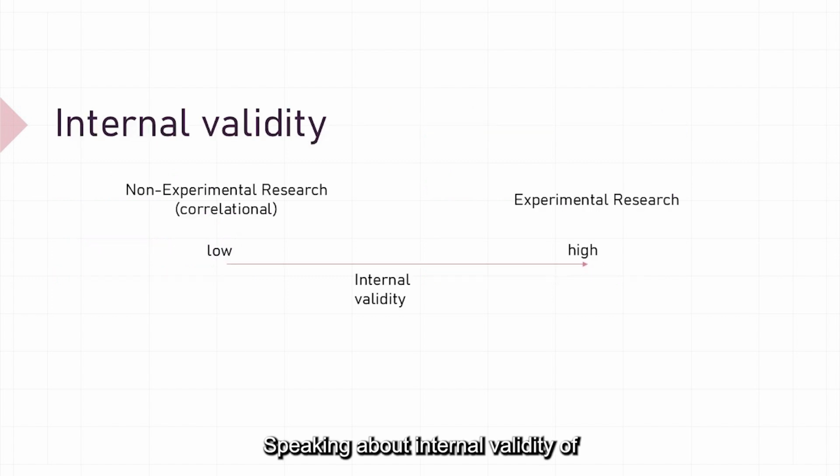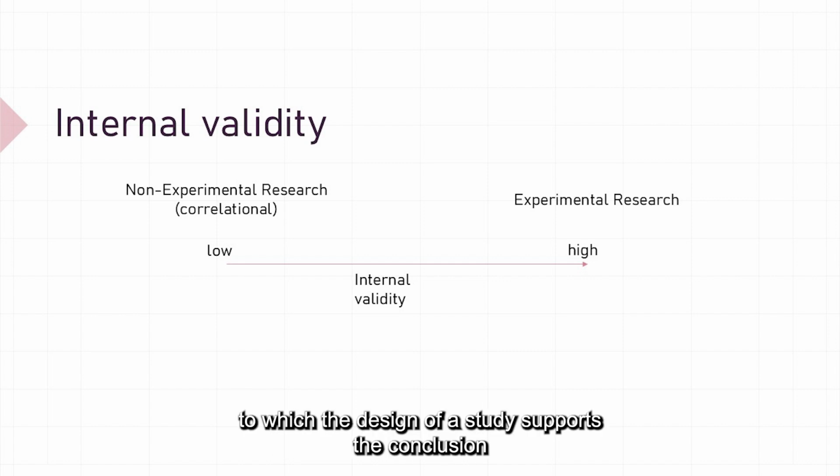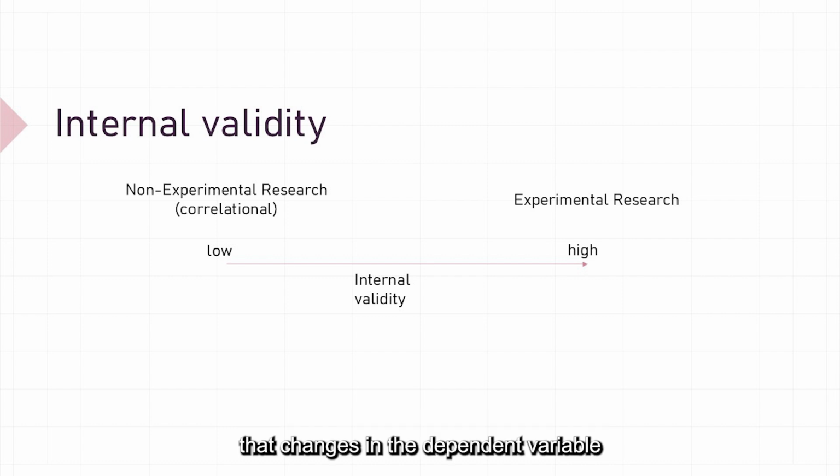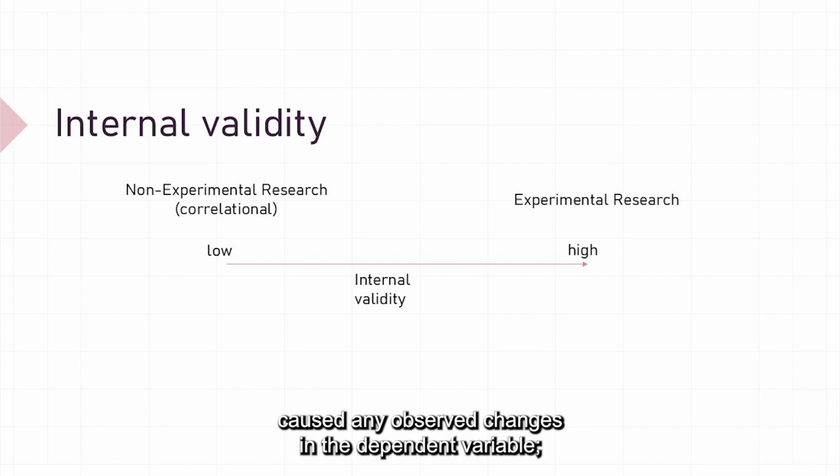Let's speak about the internal validity of non-experimental research. Internal validity is the extent to which the design of a study supports the conclusion that changes in the independent variable cause any observed changes in the dependent variable.